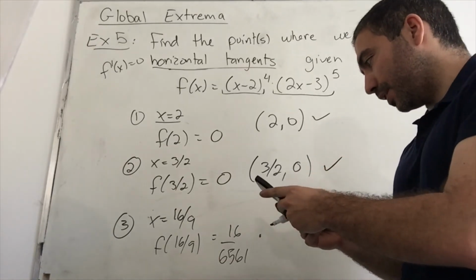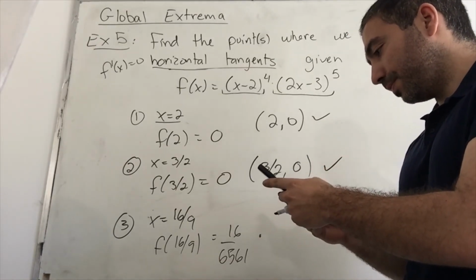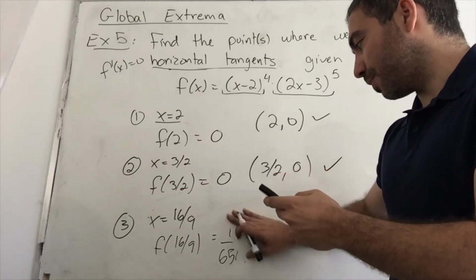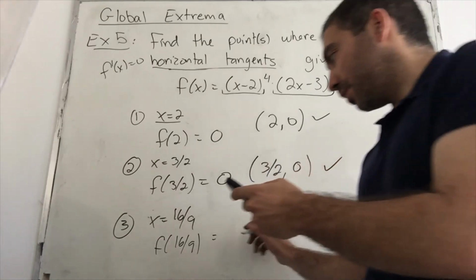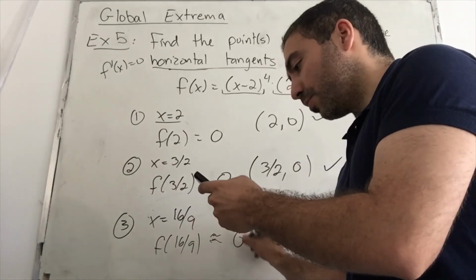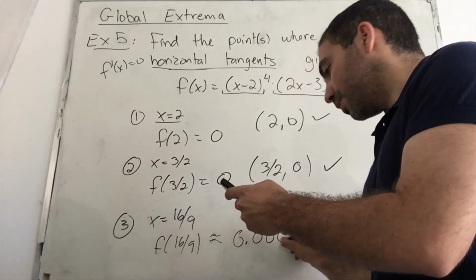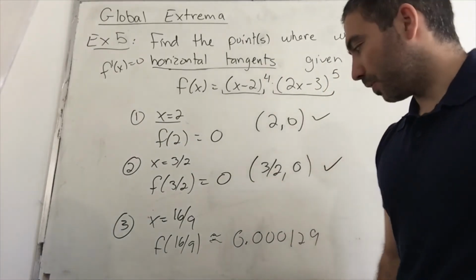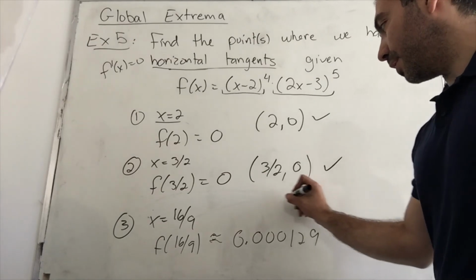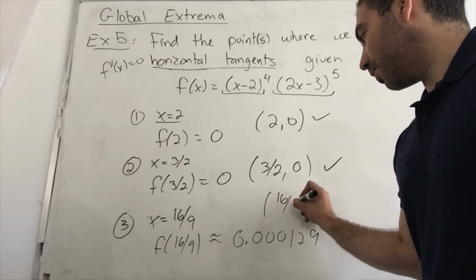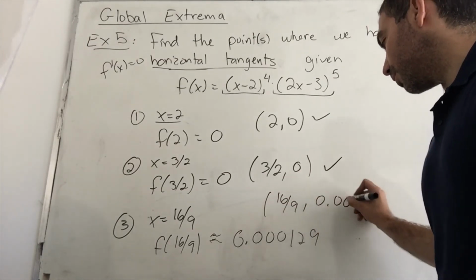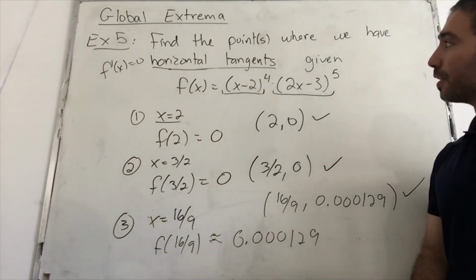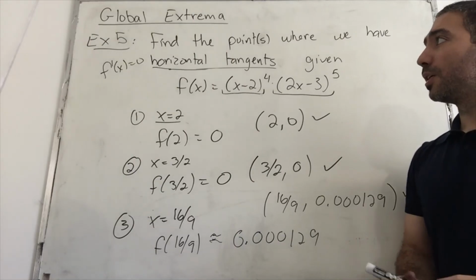And then that answer times 16 over 6561. Okay, so a very small number. So I'm getting about 0.000129. So a value that's very close to 0, but not quite. Okay. So the point is 16 over 9 comma 0.000129. Okay, and that's the horizontal tangent. So I hope these videos help.